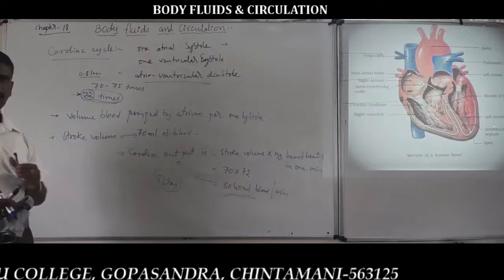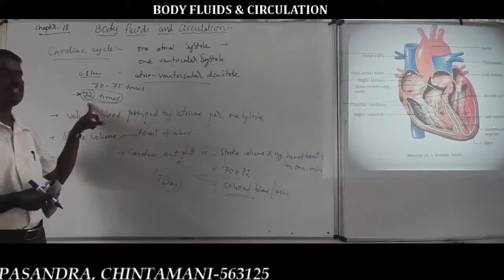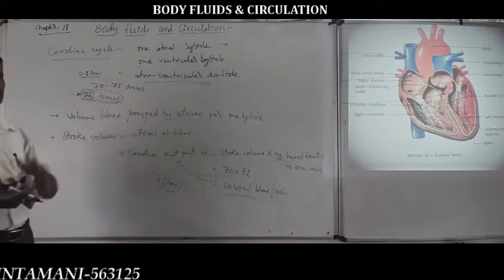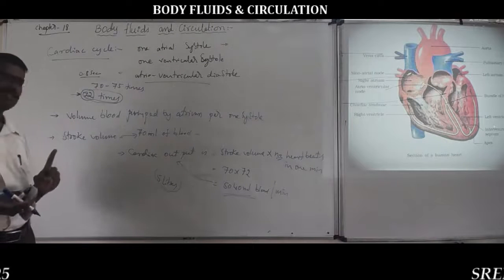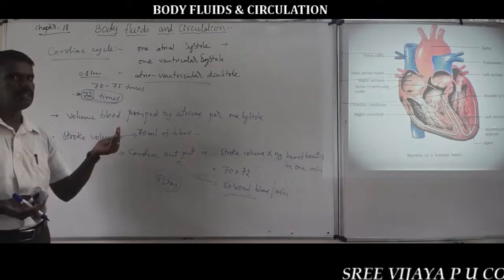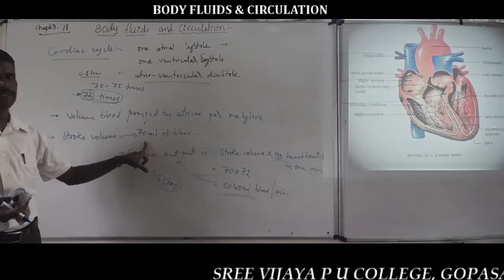An adult heart beats nearly 72 times, normally 70 to 75 times, usually reaching 72. The amount of blood pumped at the time of one heartbeat is what we call the stroke volume, that is 70 ml.